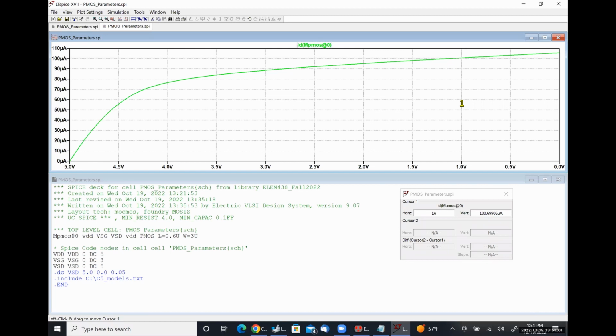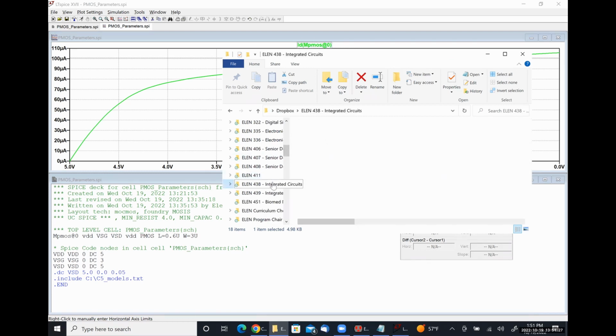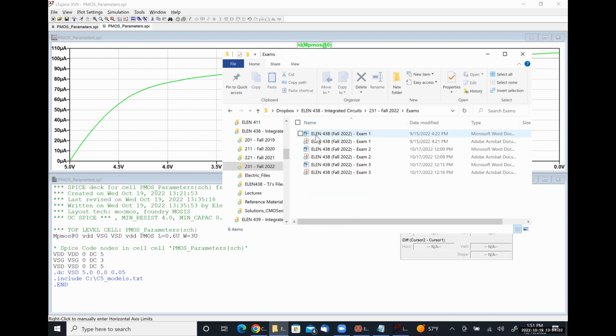For some of these guys, let me pull it up real quick here. Where is my file explorer? Oh, it's this weird looking thing. For 38, full exam 3.